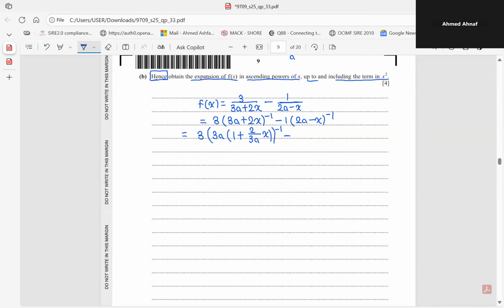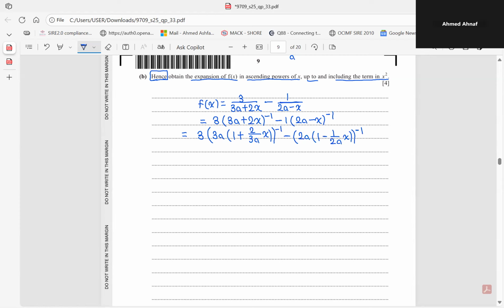And then this is minus 1 times, so the constant term is 2a, so we'll take 2a out, times 1 minus 1 over 2a x, all to the power of -1.